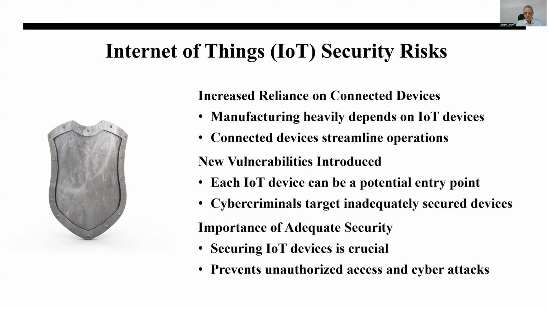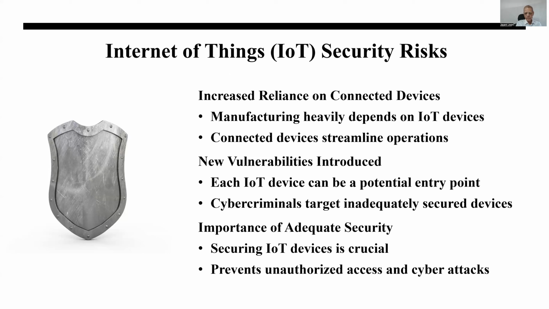So new vulnerabilities are getting introduced, and each IoT device can become a potential entry point. We have to be more and more careful while connecting and controlling the data from those IoT devices. And cyber criminals are targeting inadequately secure IoT devices.